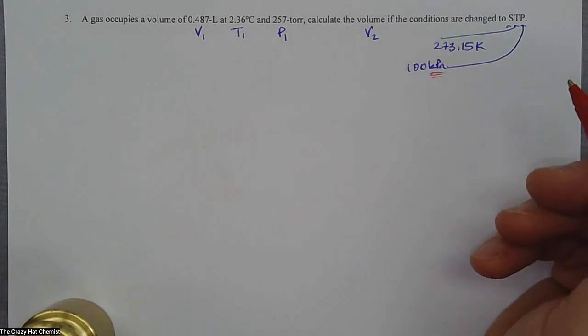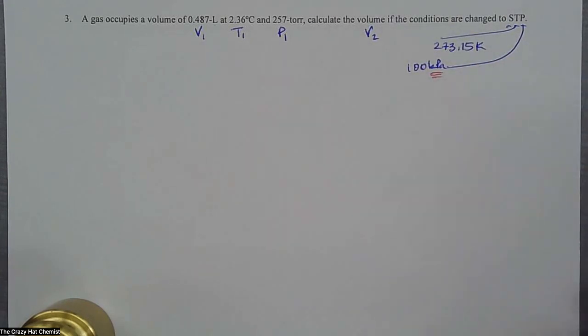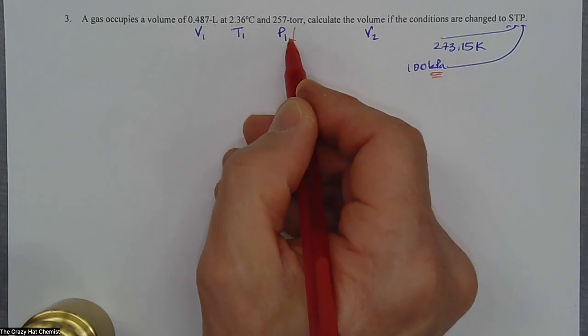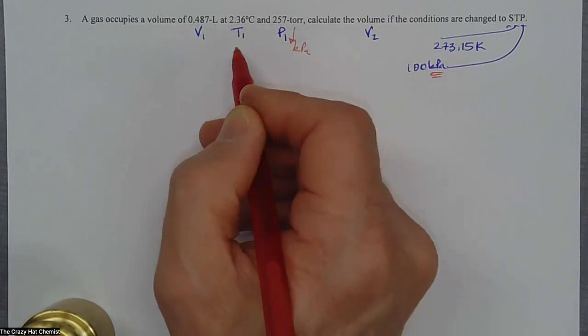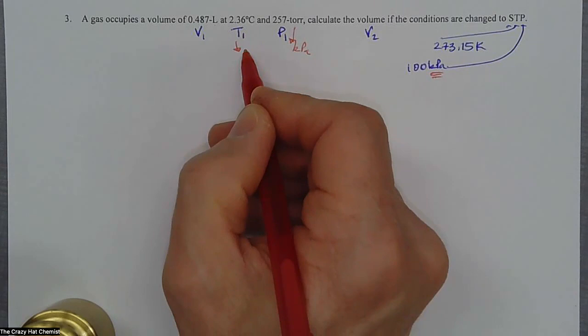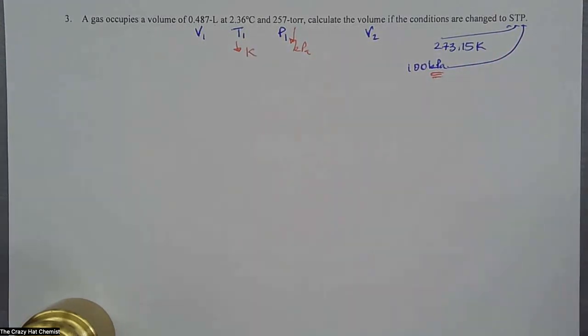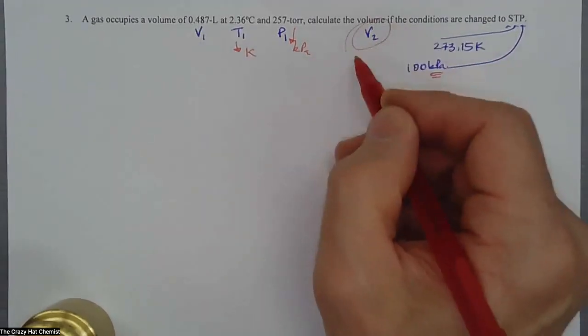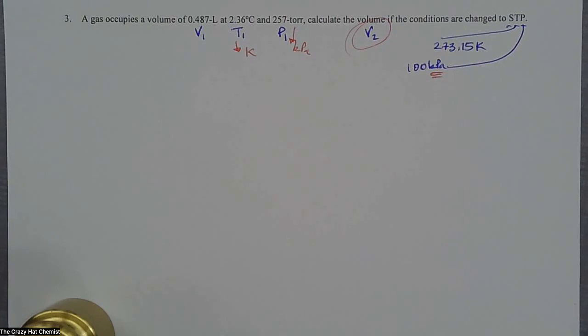So 100 kilopascals, we're going to convert this torr into kilopascals. And as always, we convert the temperature into Kelvin, but that one's at Kelvin. So we're going to solve for the second volume. This is hopefully obviously a combined or general gas law. But first we're going to do our temperature conversion.